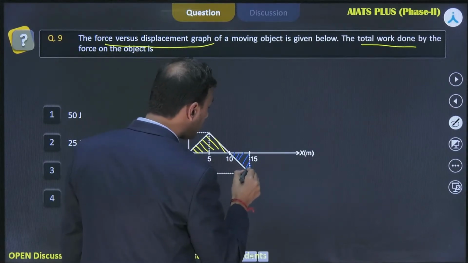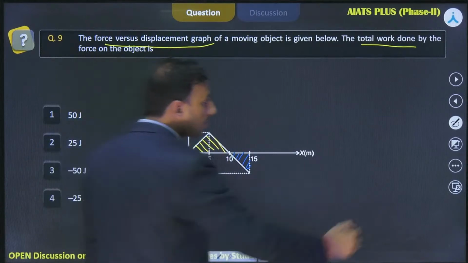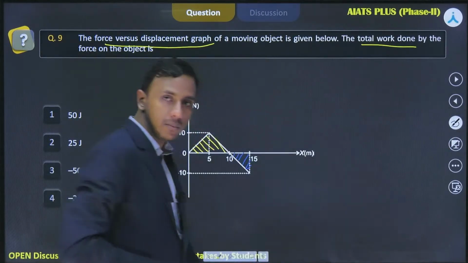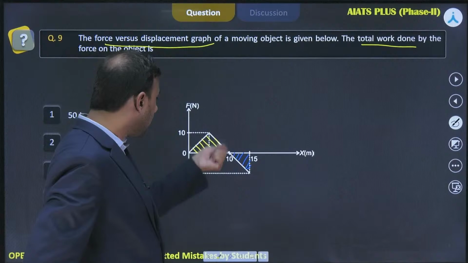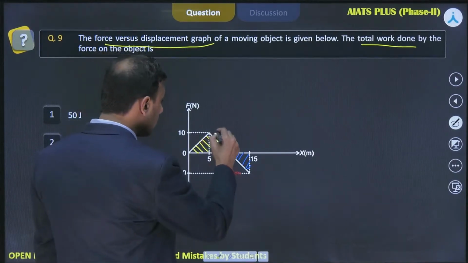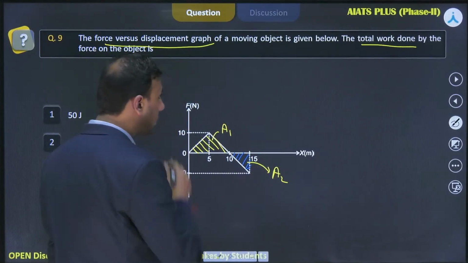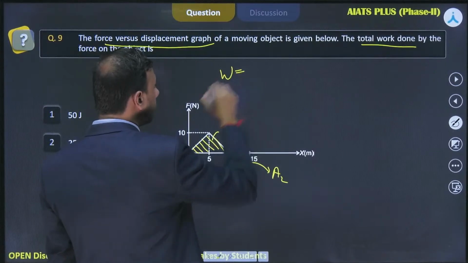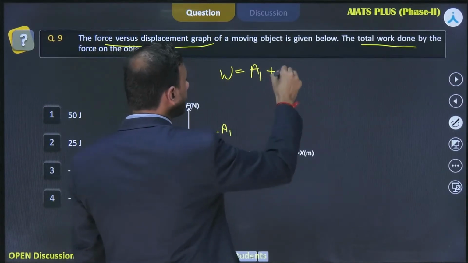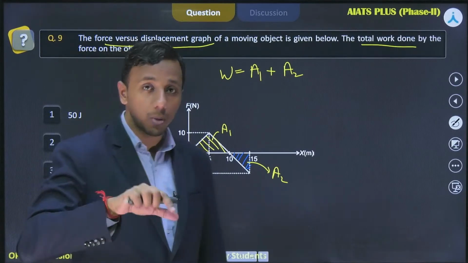Yeah. Right. So can you tell me what will be this area, the first area? It's a simple triangle, isn't it? What is the area of this triangle? Half into base into height. Right. So this I am writing as A1, this as A2. So work done would be nothing but A1 plus A2, taking into account the sign, if it is positive or negative.